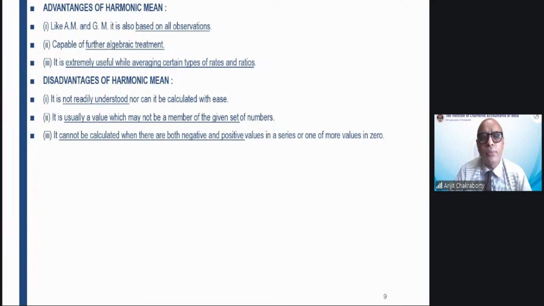But in case we have non-zero numbers, harmonic mean can be used with a certain level of accuracy.